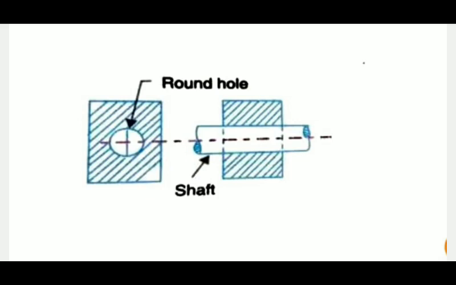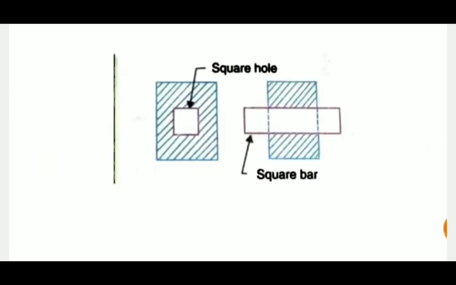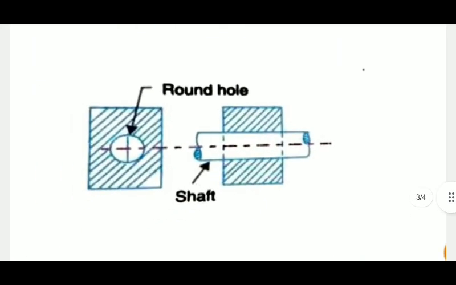If we talk about the rectangular hole, there is a square bar, and it can only move along one axis. But in the case of a shaft in a round hole, it can have a to and fro motion, and it can also rotate about its axis.